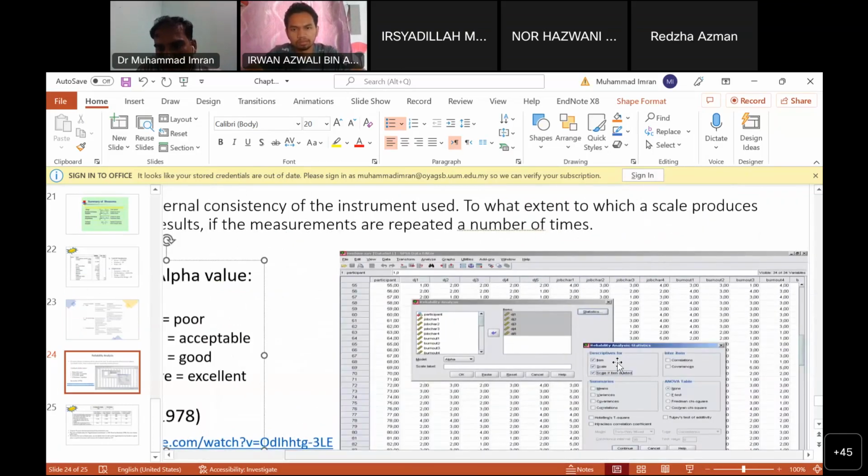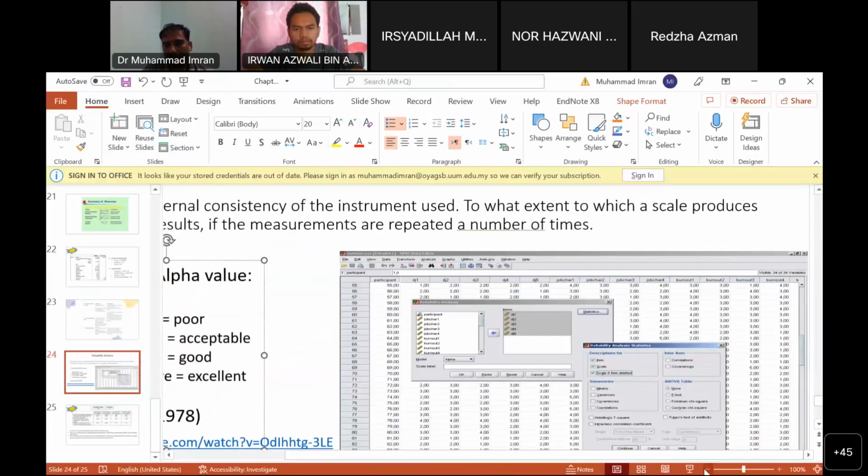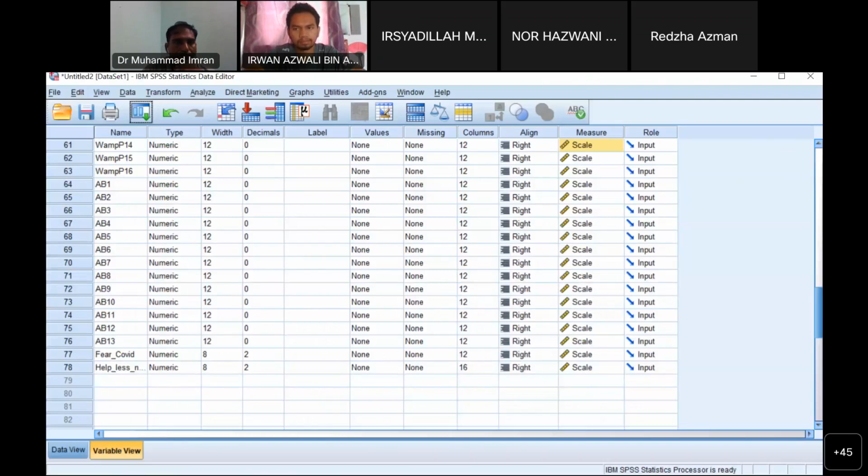Okay, these pictures also can help you. Anyway, these are reliability calculations.